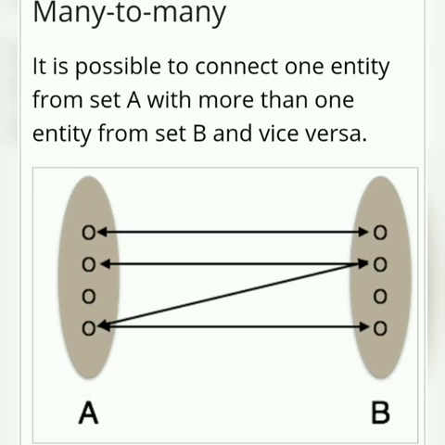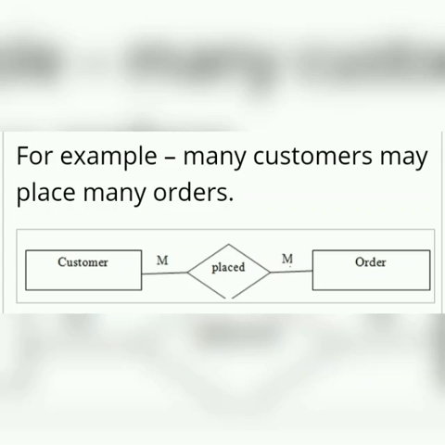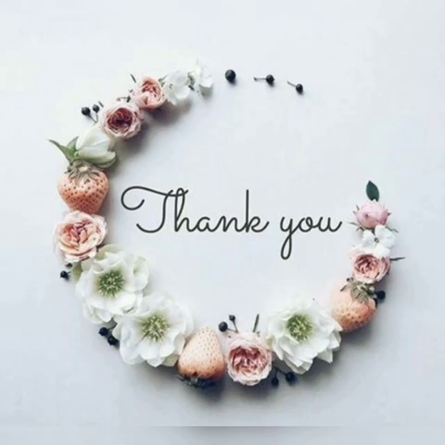In this example, we can understand clearly that many customers may place many orders. So here lots of customers are placing more orders. Yes, more customers can place more orders. So that is here many to many relationship. Thank you all.